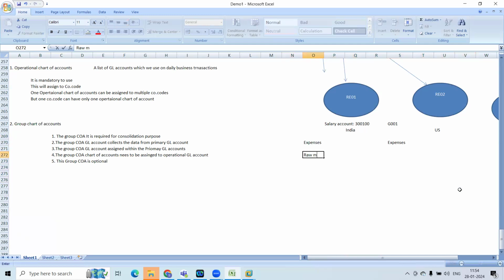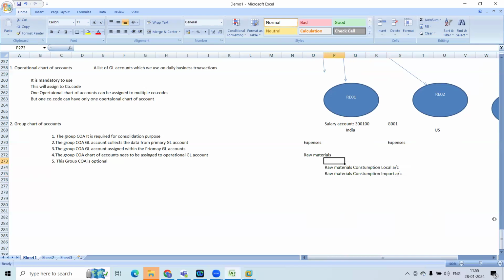So raw materials. Whenever you purchase raw materials, you decide you want to have two GL accounts, like a raw materials consumption account for local, and the same way one for import, meaning outside of your country.